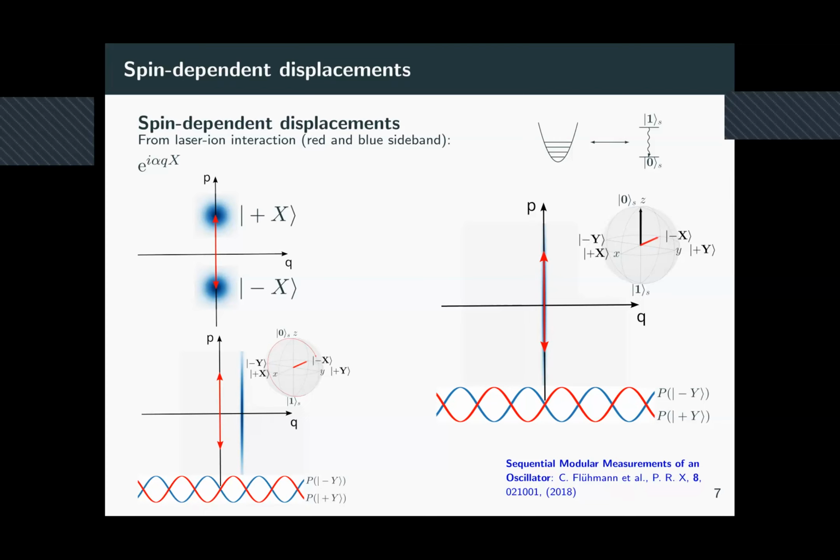So if the spin state is in 0 and the oscillator is at position 0, then you have no rotation, and as you move the oscillator state, you will have different rotations. I'm going to use these two pictures to explain how we did state preparation and also error correction.